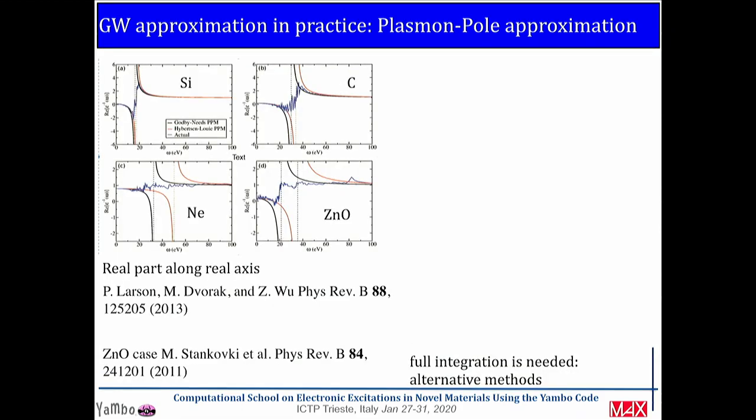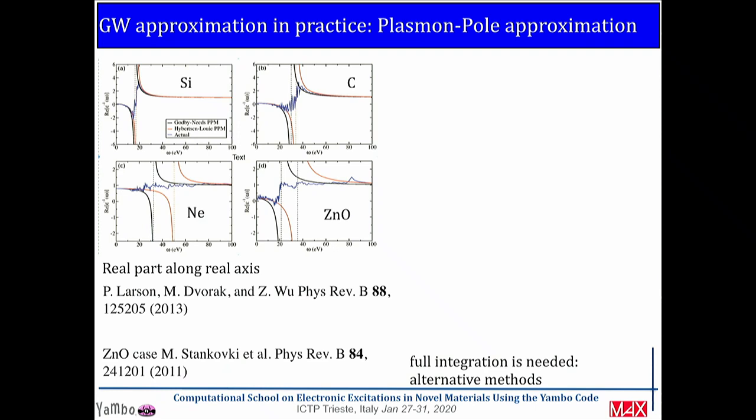Here you can see the real part along the real axis of the epsilon minus 1 of the screening for silicon, diamond, zinc oxide, and metallic neon.